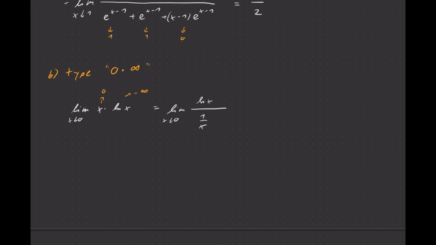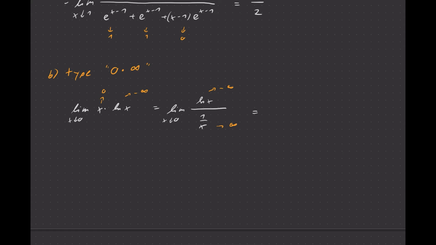But what has changed now is that the numerator, again, goes to minus infinity. The denominator now goes to plus infinity. So we have an infinity over infinity situation. And remember that we can just factor out a minus here, so we can turn this into infinity over infinity, or minus infinity over minus infinity. So that does not really matter.